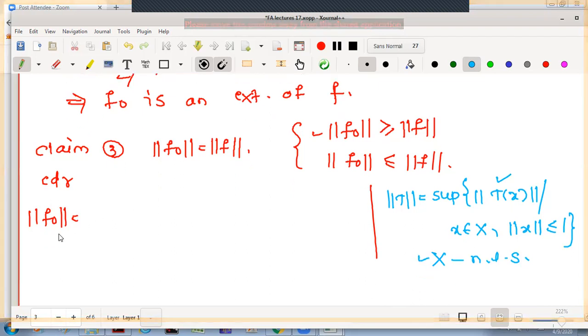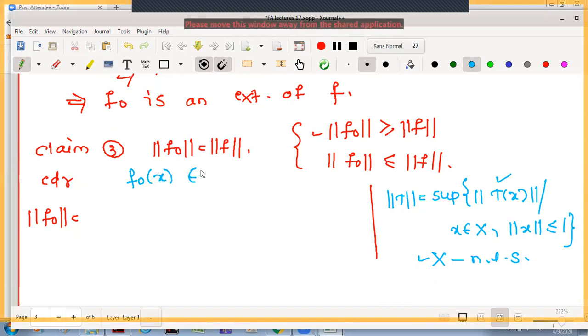Now we want to find norm of f naught, but we know that the image of any vector, f naught of x, belongs to either R or C, and both are scalar fields, and we very well know that on these scalar fields the norm acting is a modulus. Therefore, here instead of taking norm of T of x, we will take modulus.